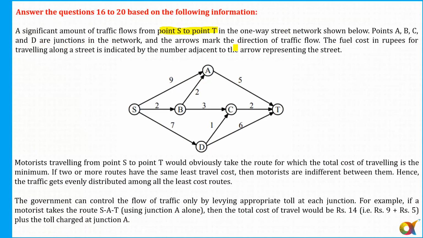Points A, B, C, and D are the junctions in the network, and the arrows mark the direction of the traffic flow. The fuel cost in rupees for traveling along a street is indicated by the number adjacent to the arrow representing the street.